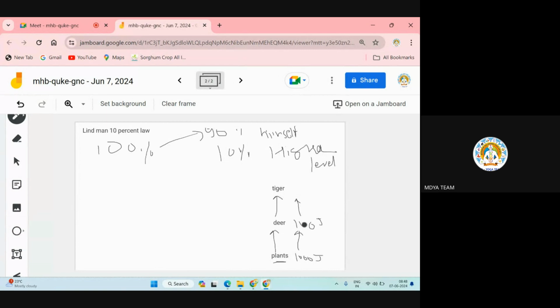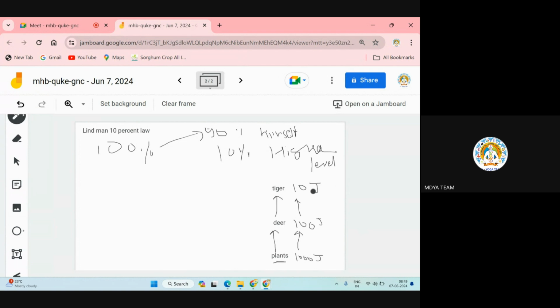The whole energy the deer took from plants throughout its lifetime, the tiger will take only 10% of it. So how many joule will this be? Okay, 10 joule. So Lindemann 10% law is whenever we go to a higher trophic level, only 10% of energy is available.